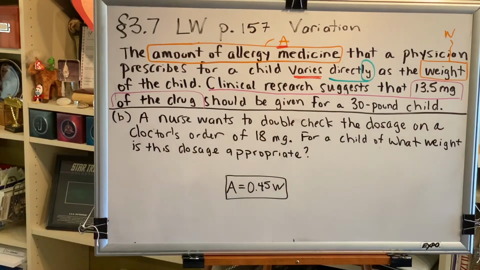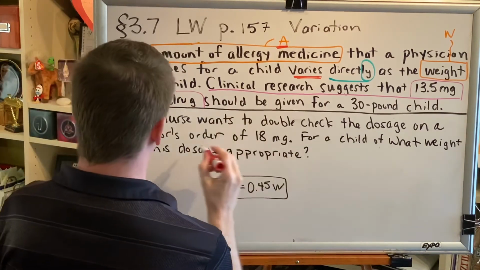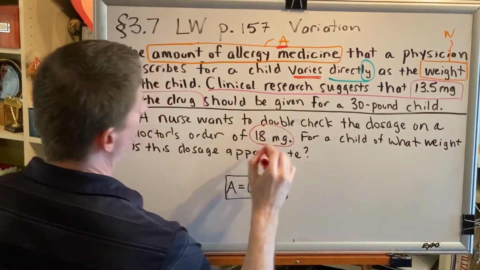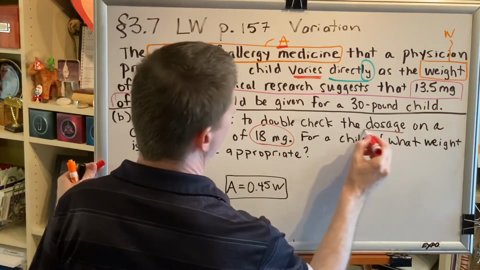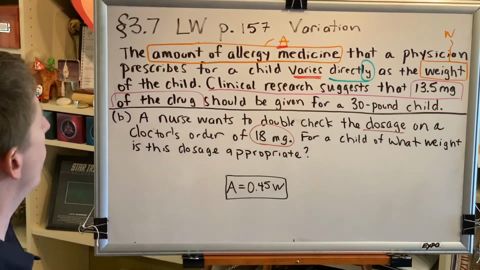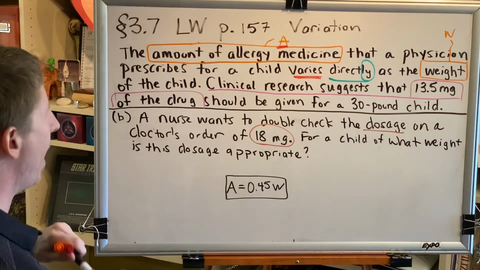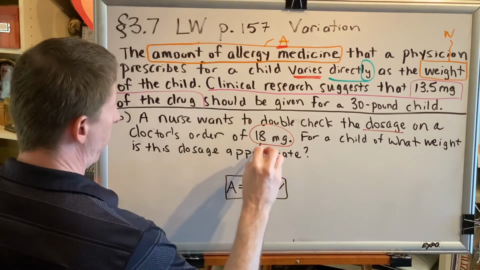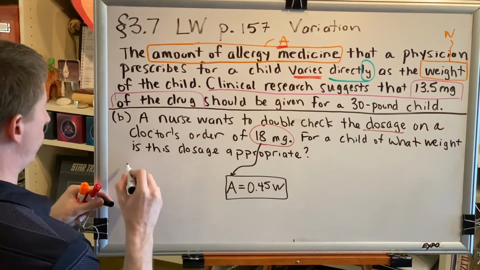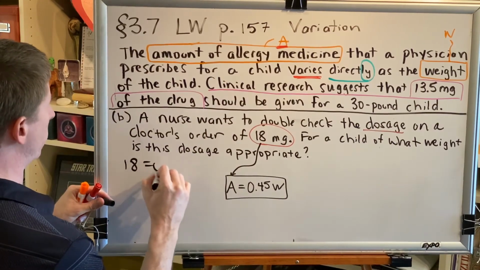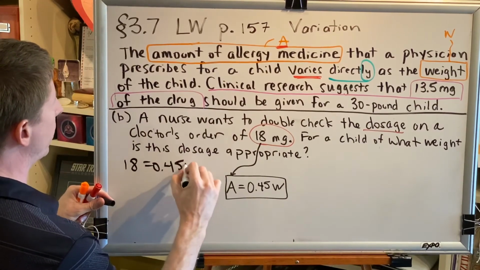Okay, here we go. So, in this problem, we are given 18 milligrams, and we're told that that is a dosage. So that must be A, the amount of medicine. So we're told A equals 18, and we're going to plug that into our equation. So we get 18 equals 0.45W.